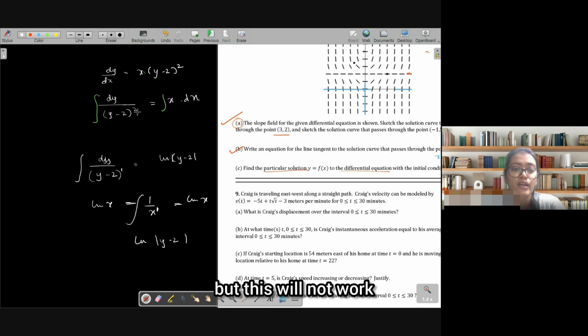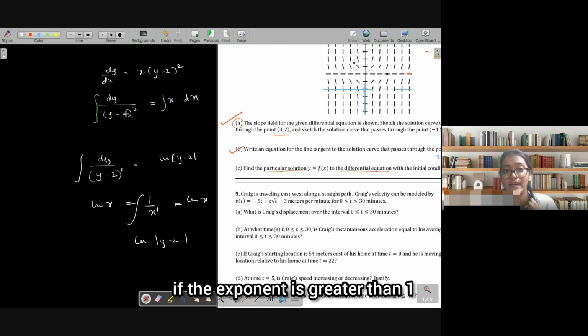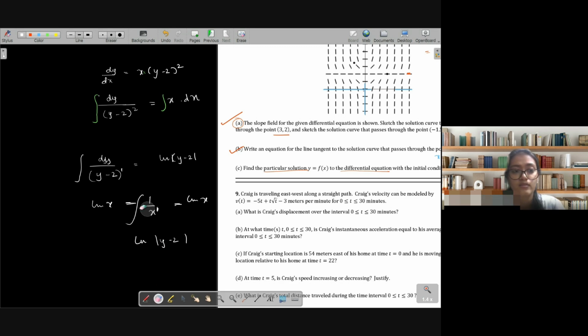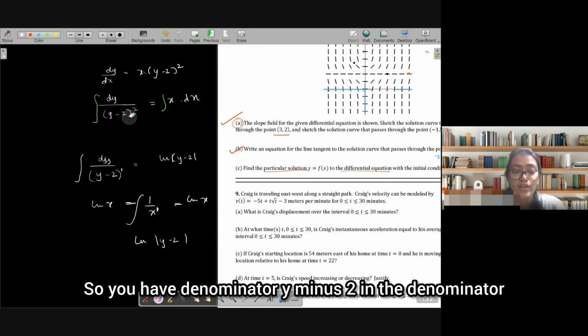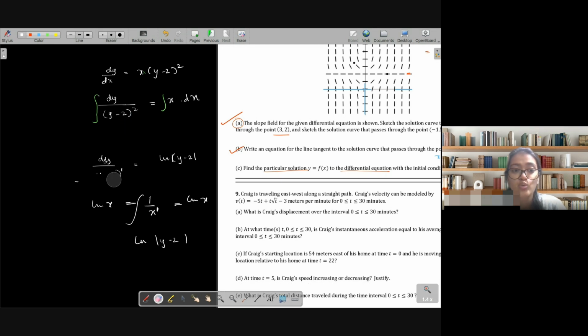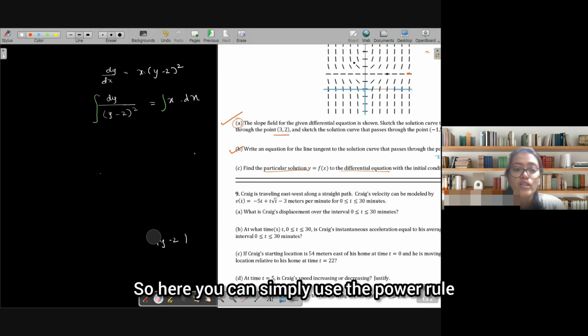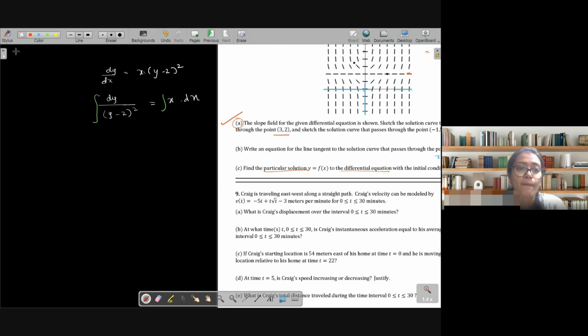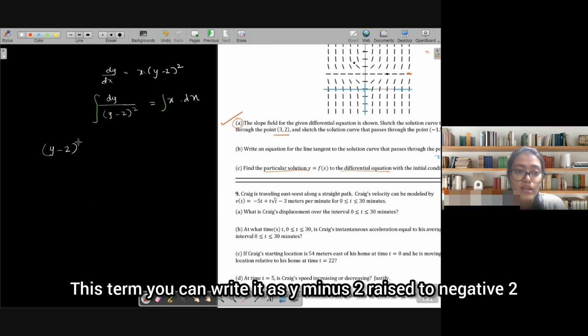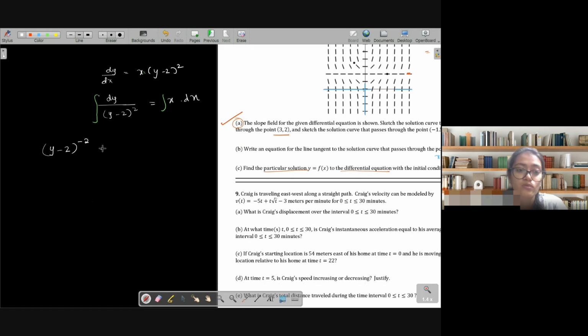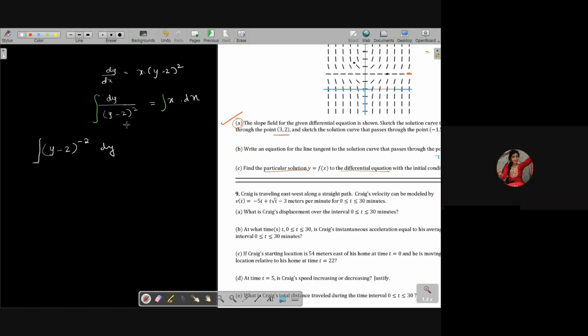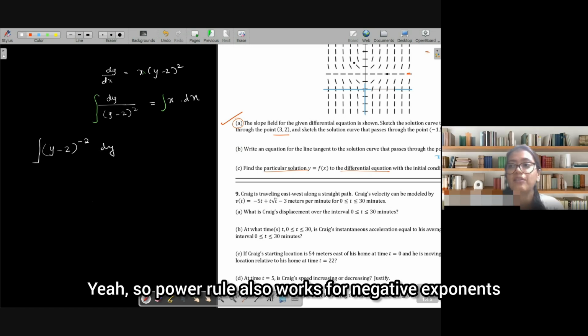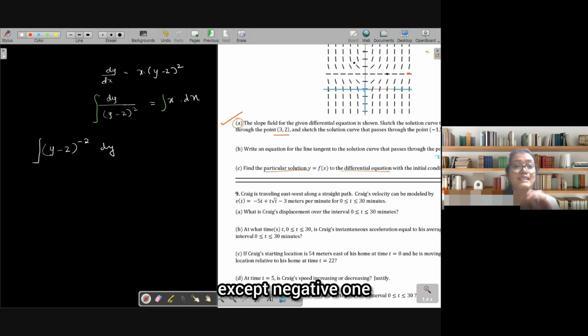But this will not work if the exponent is greater than 1. So you have y minus 2 in the denominator, and the exponent is 2. So here you can simply use the power rule. You can write this term as y minus 2 raised to -2. The power rule also works for negative exponents, except -1. When it's -1, then you will use ln.